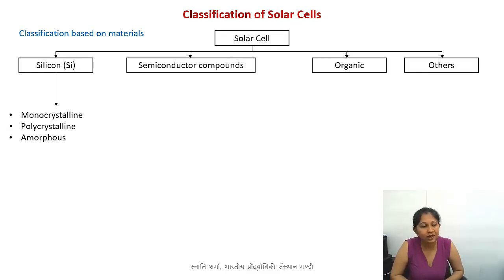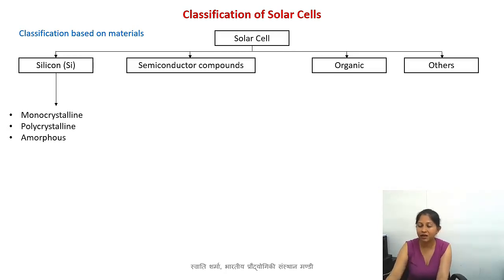Now, if you have seen large solar panels outside, and if you take a close look, you will find that there are two different types of silicon materials. Although it's very difficult to find out the difference, there is a very small difference in the color. One looks a little more bluish and the other one looks a little more grayish. This is because one of them is monocrystalline and the other one is polycrystalline silicon.